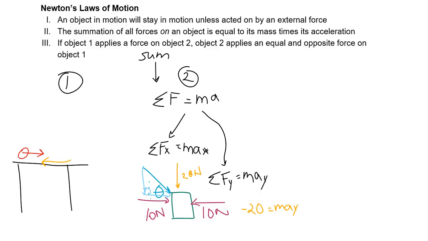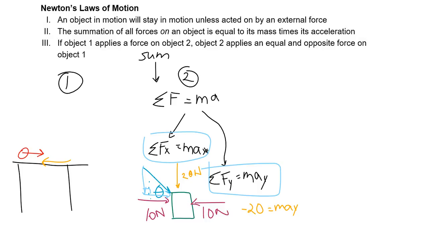See that a right triangle is formed because x and y act in perpendicular directions, and we can use trig to solve for those. Then we can use these two equations to solve for the accelerations due to that force in both the x and y direction. That's going to be the strategy for all of these problems moving forward.